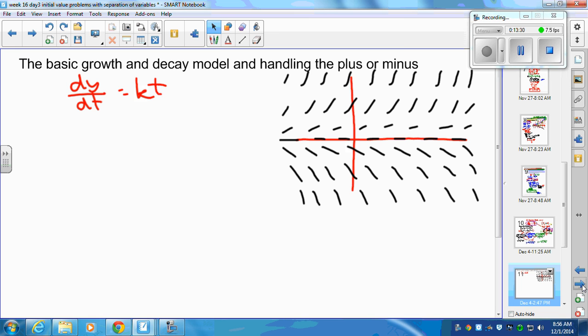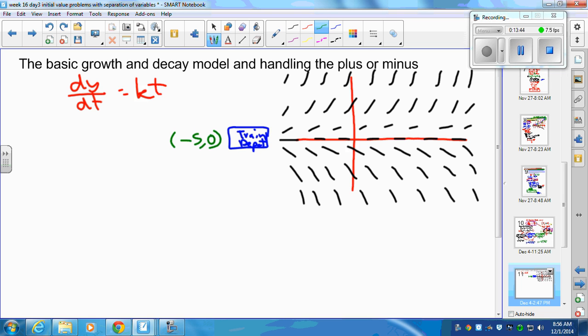And we've drawn this one many times, and I've called this the train depot. If you have an initial condition of, let's say, (-5, 0), you are going to stay flatlined, and you will never get off that. If I give you a point up here, let's say (2, 3), then it's going to peel above the ground, and you're going to get a positive version.